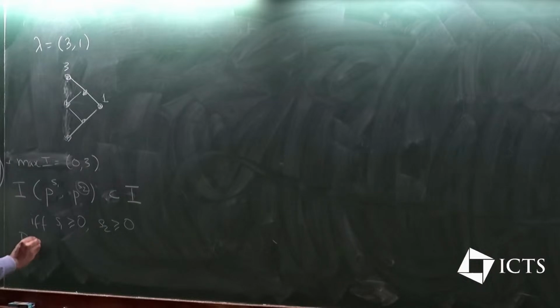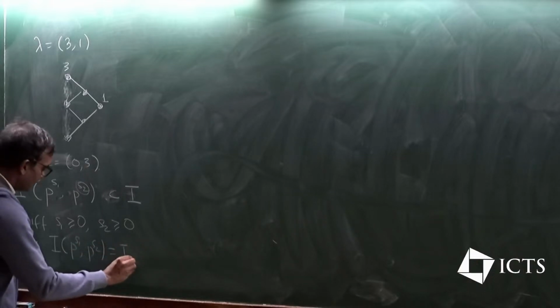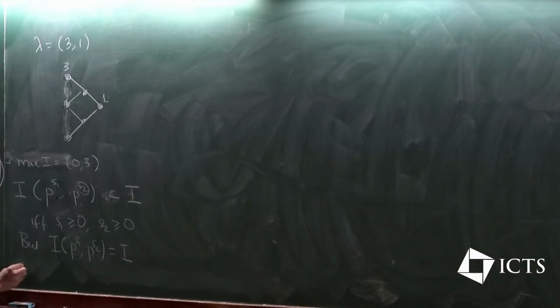But it is in OI if and only if s1 is equal to 0, and that's the only condition, because once this point is in the ideal, this is automatically in the ideal. So we only need to worry about the maximal elements.